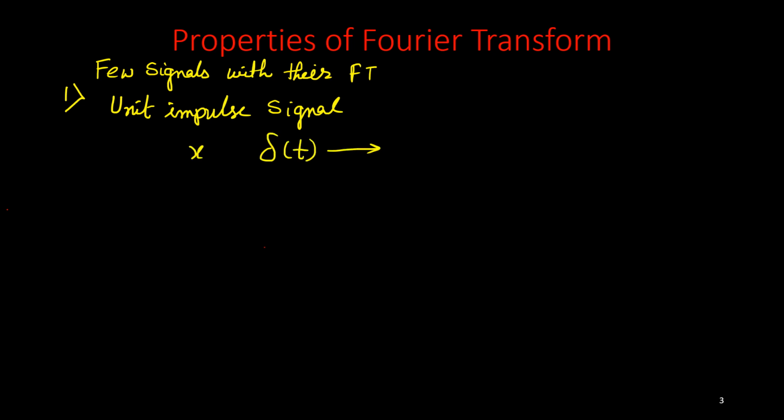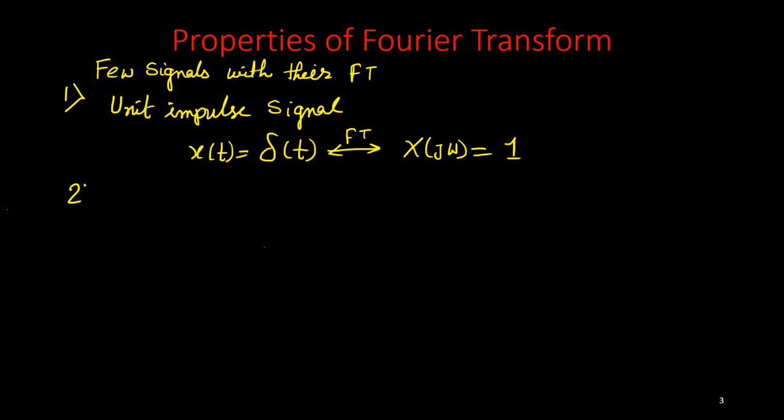So if x(t) is del t, then its Fourier transform is capital X of j omega, and that is 1. So in the time domain, if there is a sudden change, a high impulse signal, that will give you all frequency content with equal magnitude.